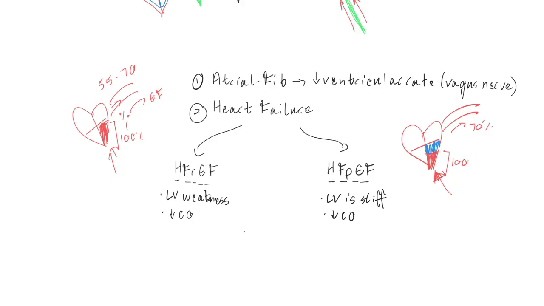Now, digoxin is used for heart failure with reduced ejection fraction. And you may have been able to figure out why that is already. And it's because with digoxin, you get, of course, increased contractility because of all that calcium inside the cardiac myocyte.